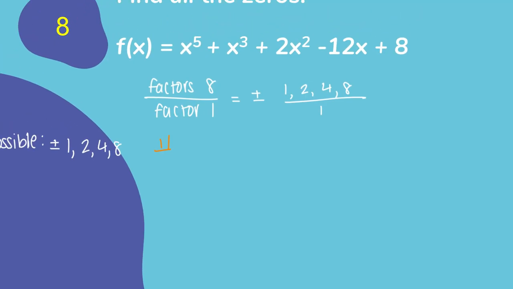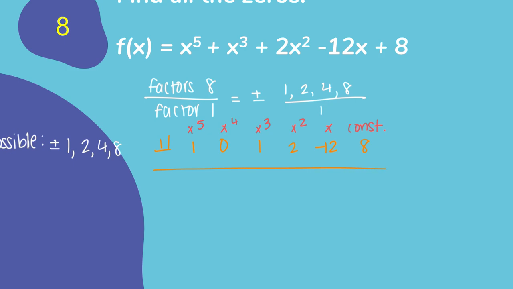Please do not forget you have to add a 0. I have x to the 5th power. I have to have x to the 4th, x to the 3rd, x squared, x, and a constant. Write it out if it helps. I'm going to have 1, 0, 1, 2, negative 12, and 8.